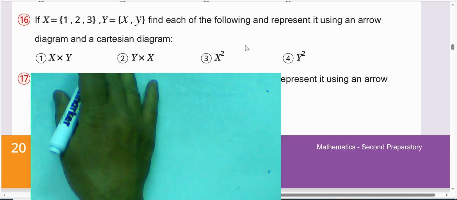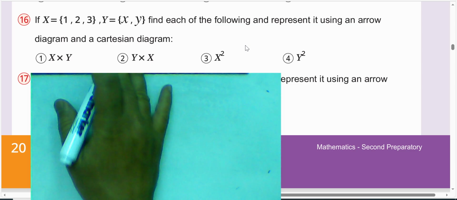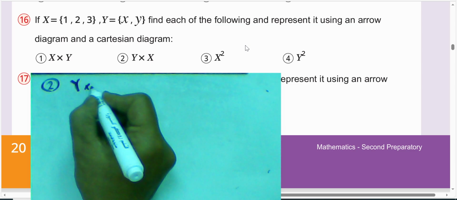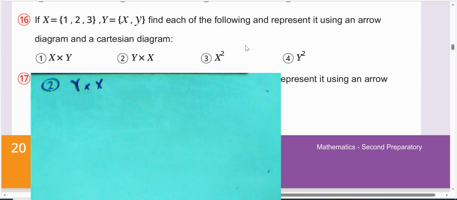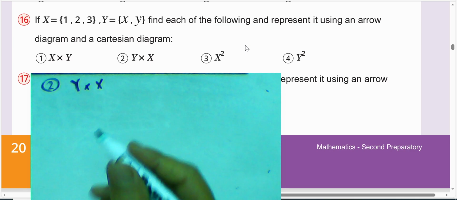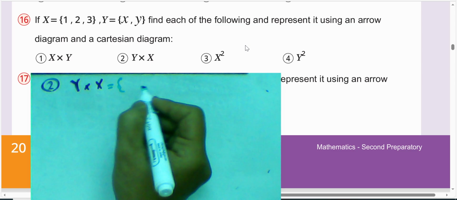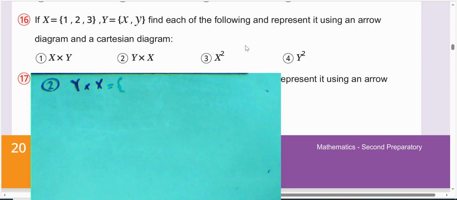Question number 2. We have y Cartesian product with x.